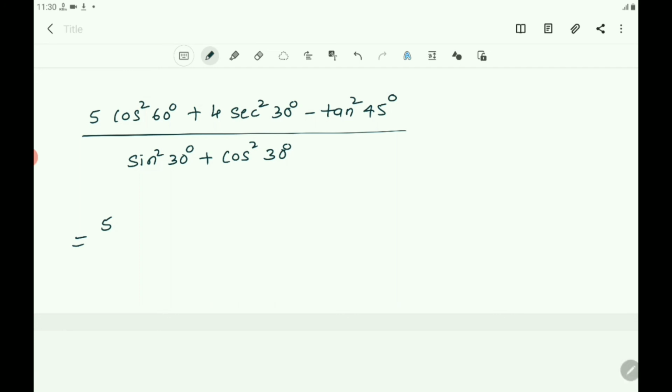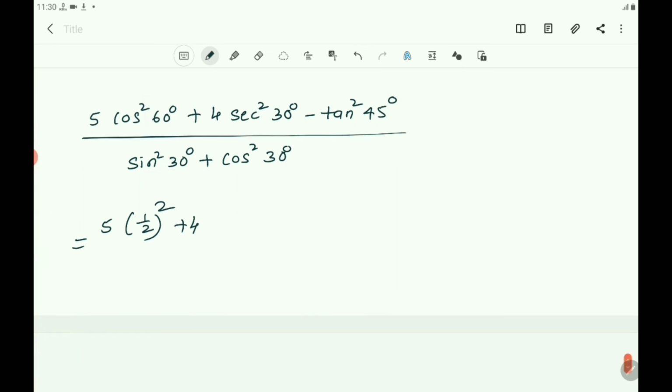So you write cos square 60 means 1 by 2 whole square, plus 4, you write 4, and sec square 30 degree. Sec 30 you know, that is 2 by root 3. 2 by root 3 whole square, minus tan square 45 degree, that is tan 45 degree whole square. Tan 45 degree is 1, you write 1 square.